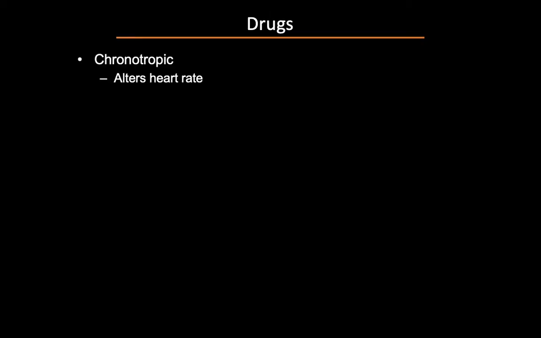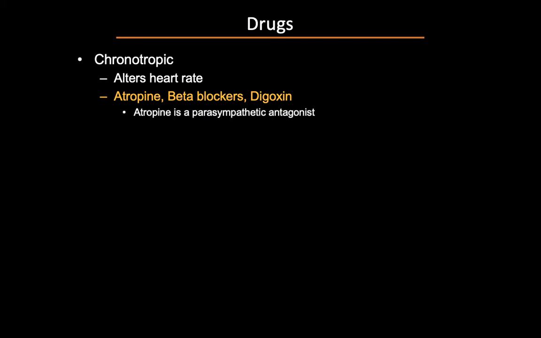So in order to help individuals out with this, we have several different types of drugs that can be used, and one is called a chronotropic type of drug, and this alters heart rate. So for instance, atropine, beta blockers, and digoxin fall into this category, and atropine is a parasympathetic antagonist. So you have agonist and antagonist.